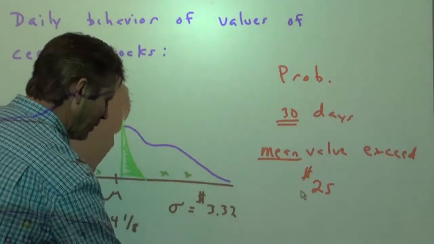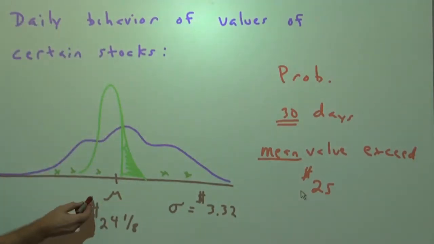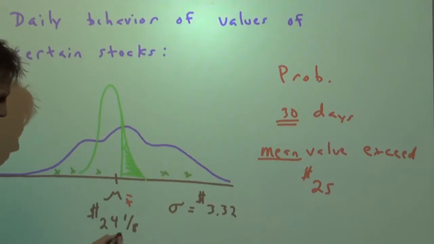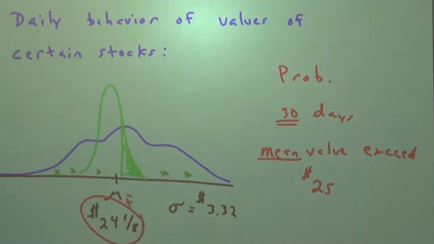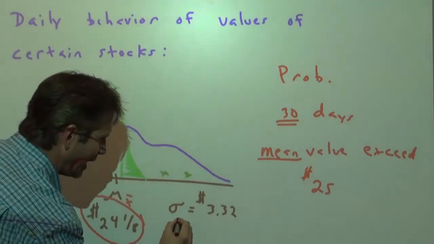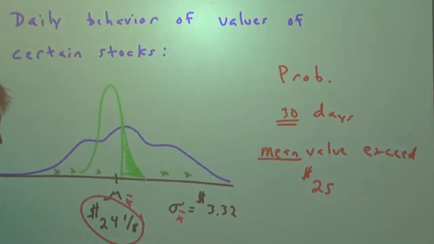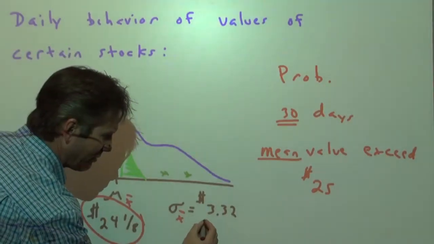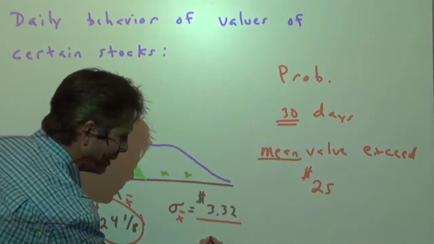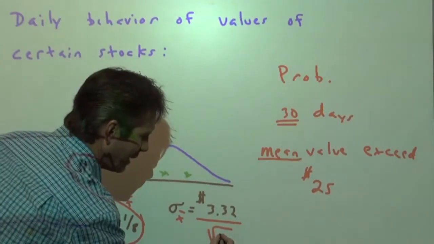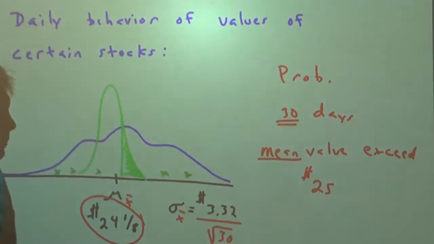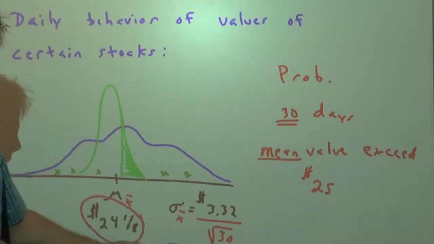So what do we need to do? Well, we know that the mean of the sample means is still going to be the 24 1/8, but we have to change the standard deviation of the sample means from the standard deviation of the stocks 1 day at a time to that of a mean of size 30. So we would have to take this and divide it by the square root of 30.